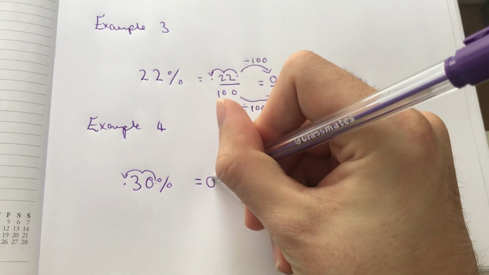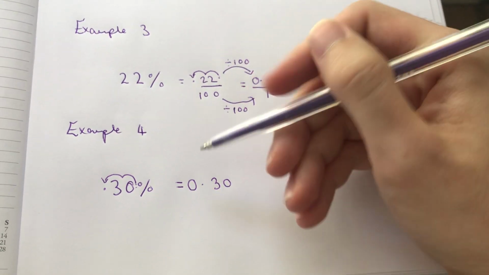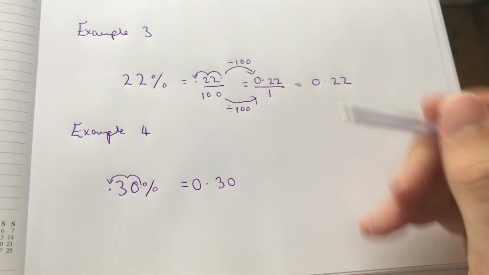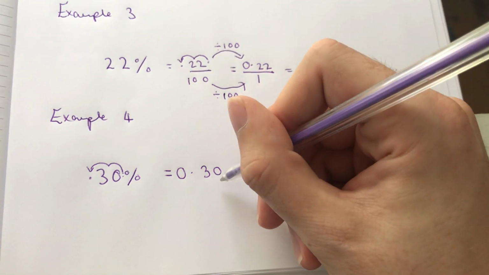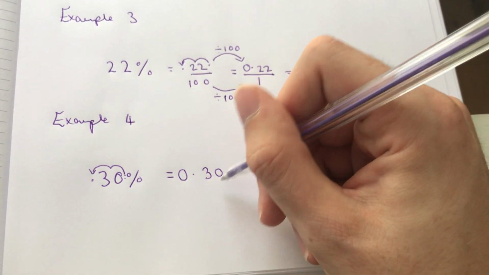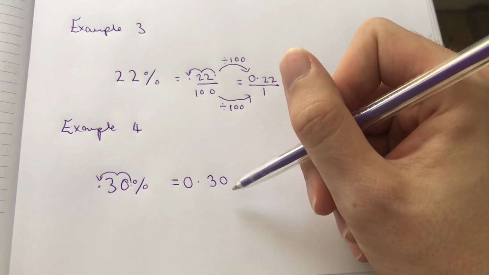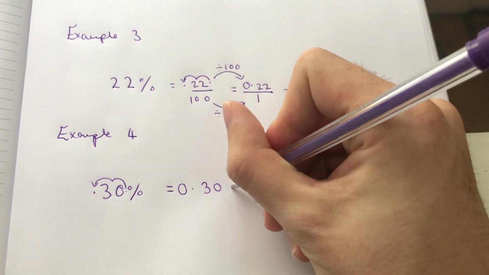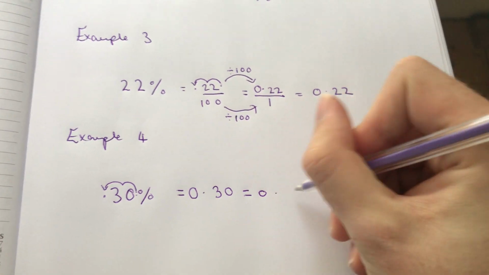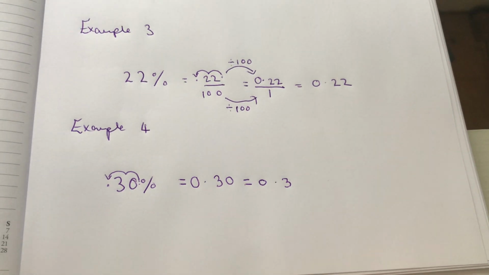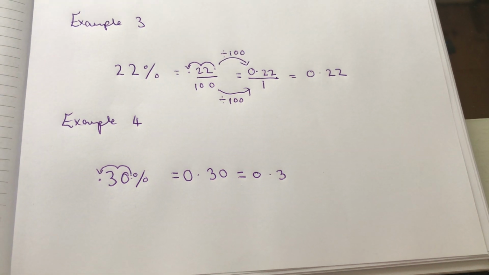We can write this more simply because we don't need to put the 0 over here. That's unnecessary. So it will be 0.3. That's how we express it simply.